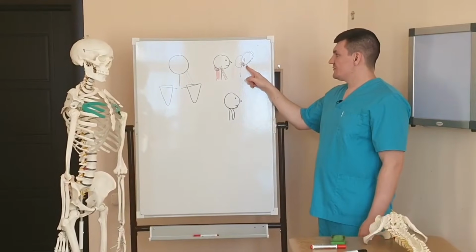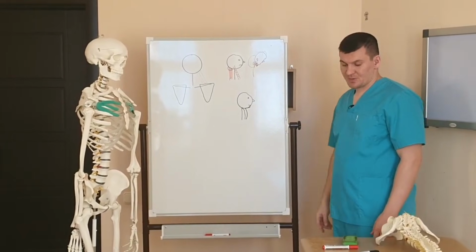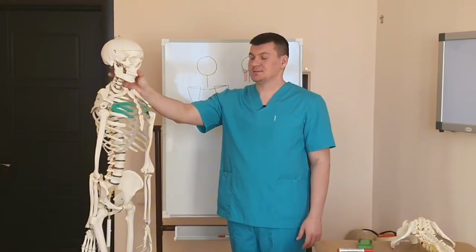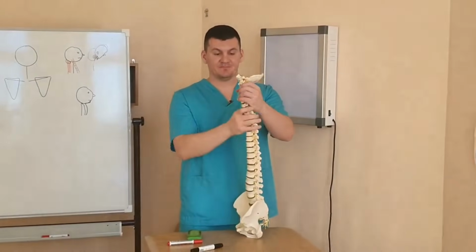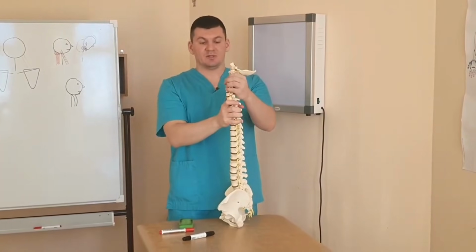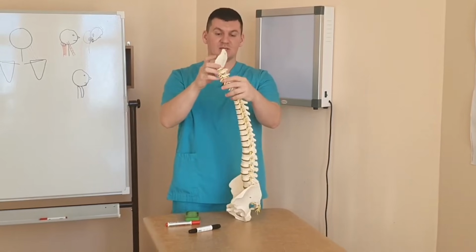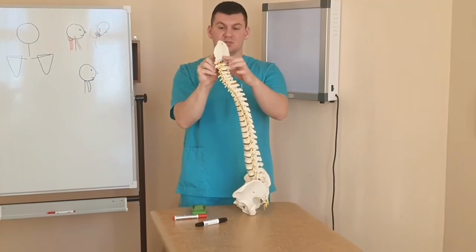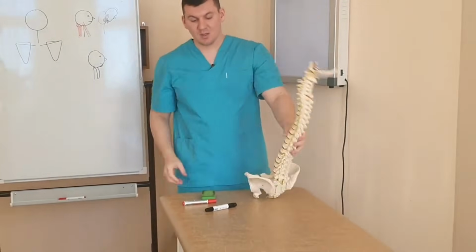Why does excessive strain on these muscles occur when we tilt our head? First of all, it's because there's excessive bending right in this part. So, when we tilt our head forward, it's better for the strain to be on this part of the neck, not on this part of the neck. So if you tilt your head and there's stretching right here between the occipital bone and the first vertebra, that's not very good.